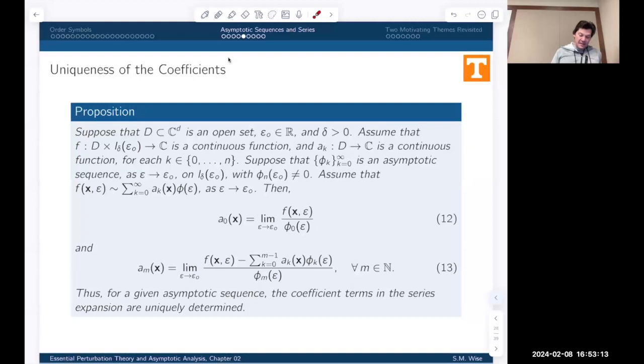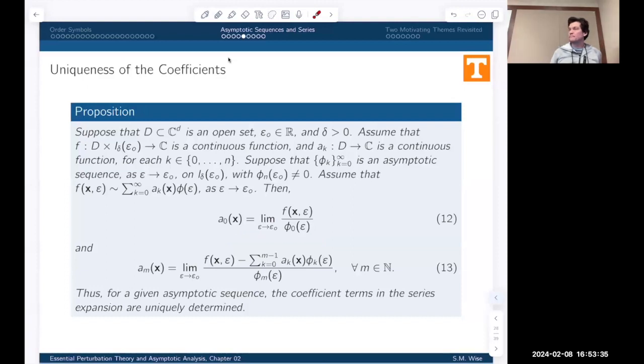So what this is saying is, given some asymptotic sequence, these coefficients are uniquely determined. And if somebody gives you an asymptotic sequence and the coefficients are somehow obscured, you can always compute them term by term.